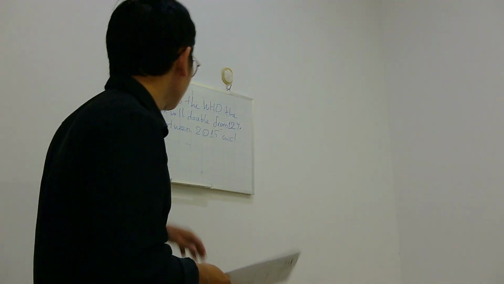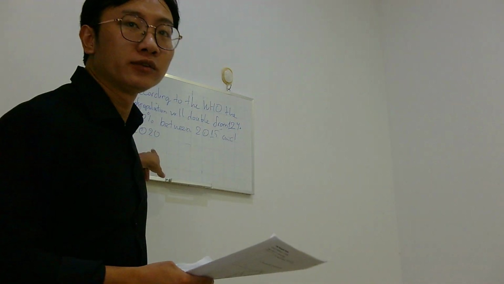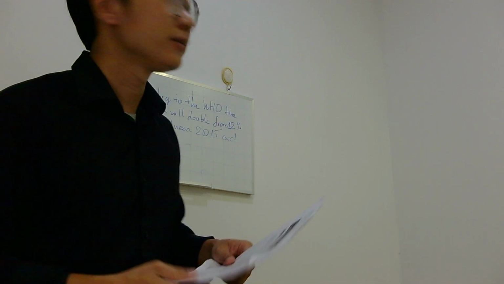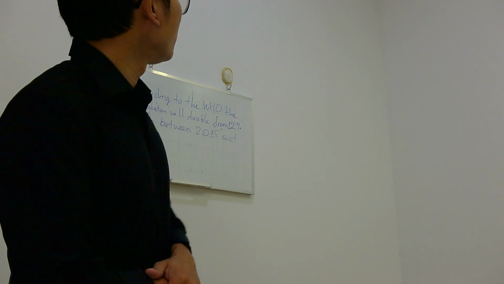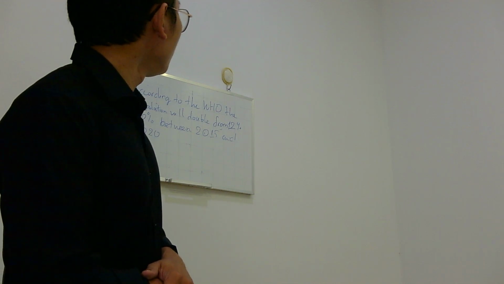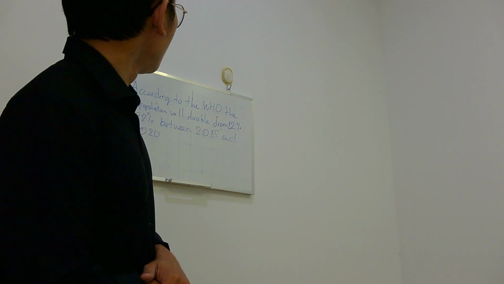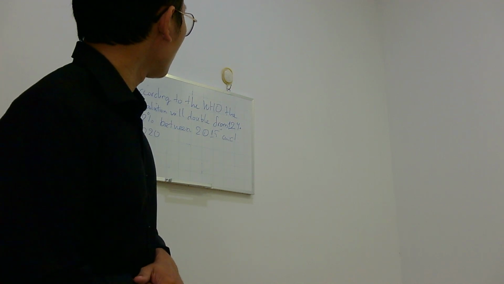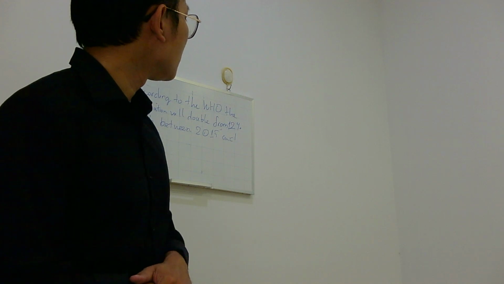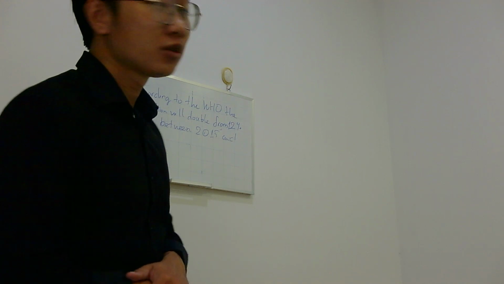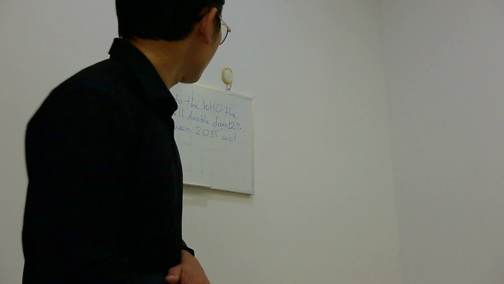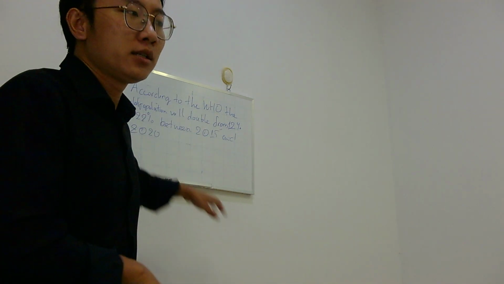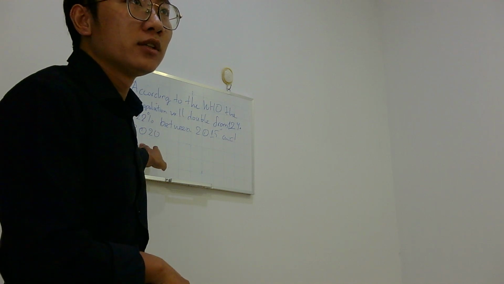Here I have the first sentence of paragraph A. What does it say? According to the WHO, the world's population will double from 12% to 22% between 2015 and 2020.